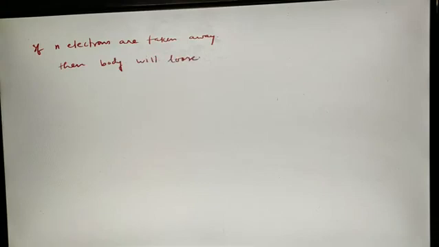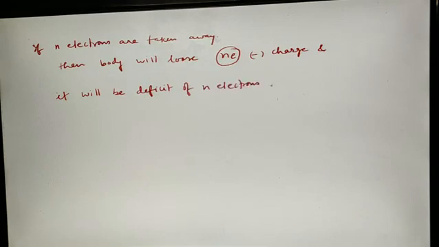If n electrons are taken away, then the body will lose nE negative charge, and it will be in deficit of n electrons, and a positive charge equal to nE will appear on the body.